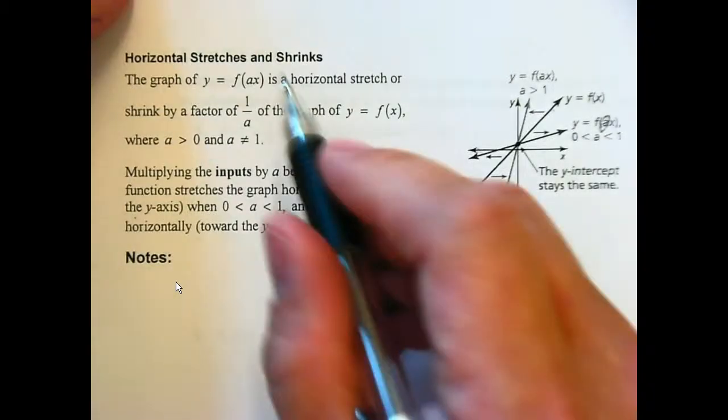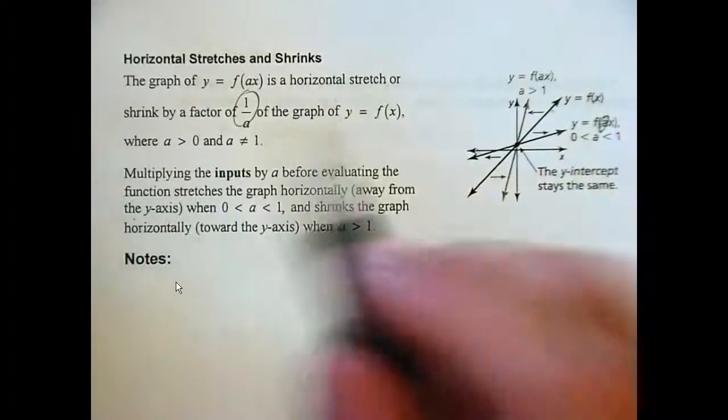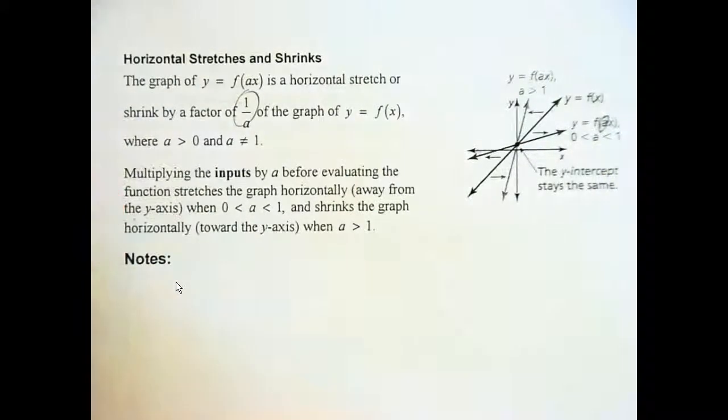You are multiplying by 1 over a. Versus when you are shrinking something, you are actually multiplying by a larger value. So if I say I want to do a horizontal stretch of 2, you are multiplying by 1/2. It's weird. So we'll go through that here in a minute.